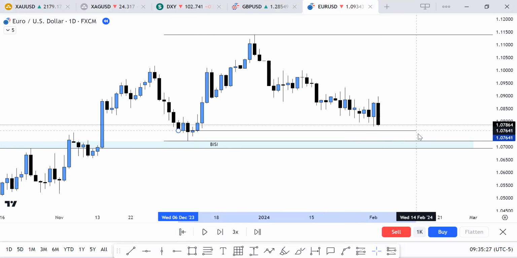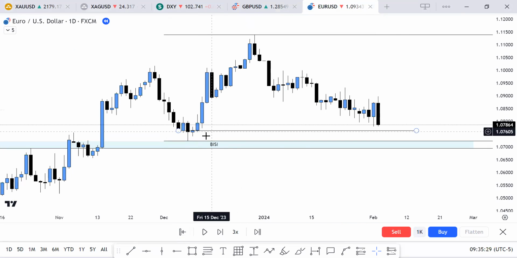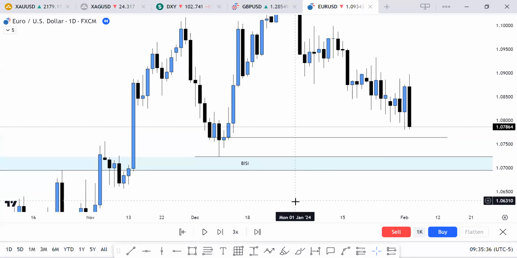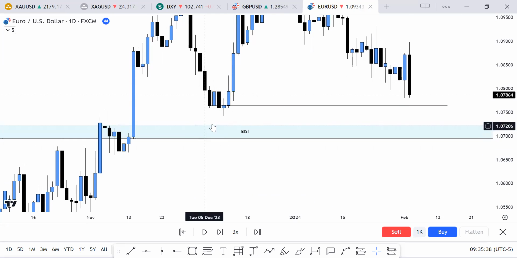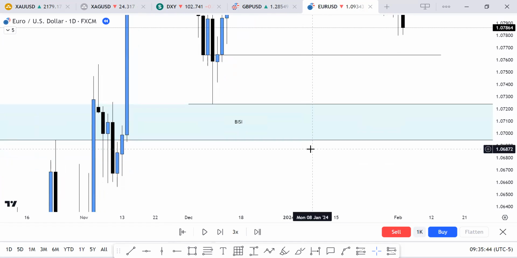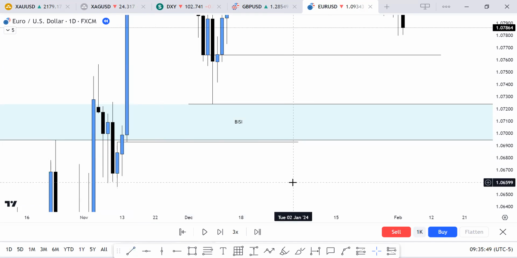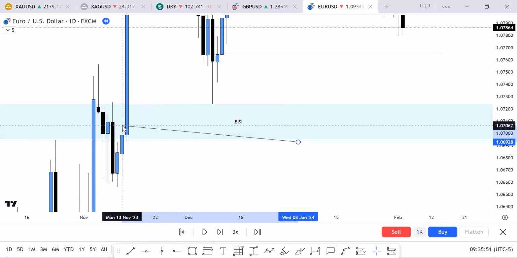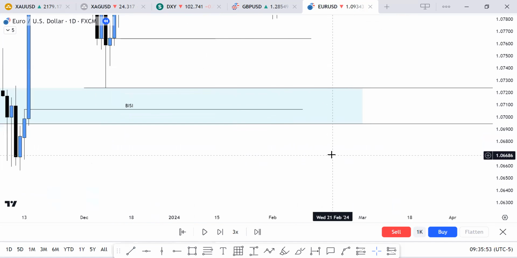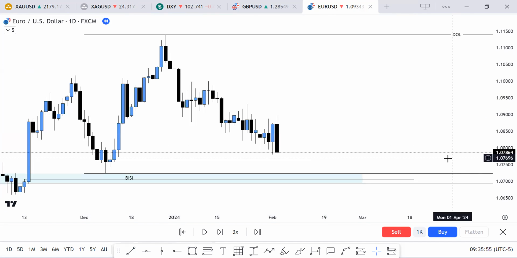It will seek the liquidity of these equal bodies first, give it action, and then eventually the sell side liquidity. And just below the sell side liquidity, we do have a fair value gap, even on the daily time frame as well, if you check it out. It's rebalanced completely, so we have this fair value gap as well on the daily time frame.